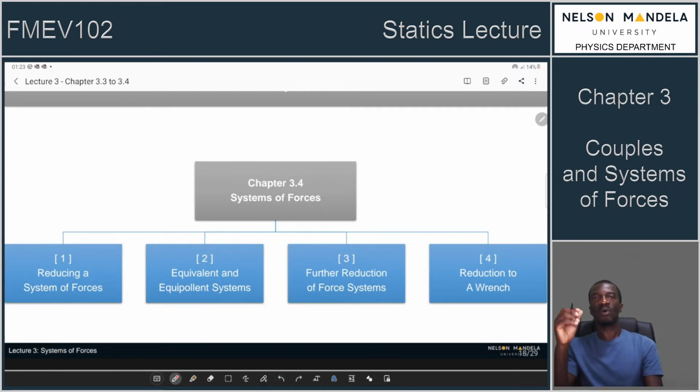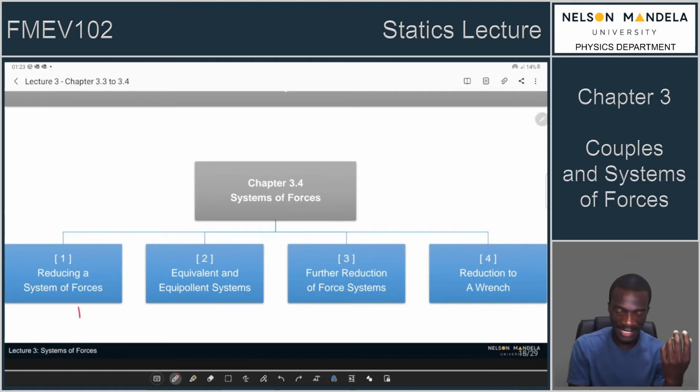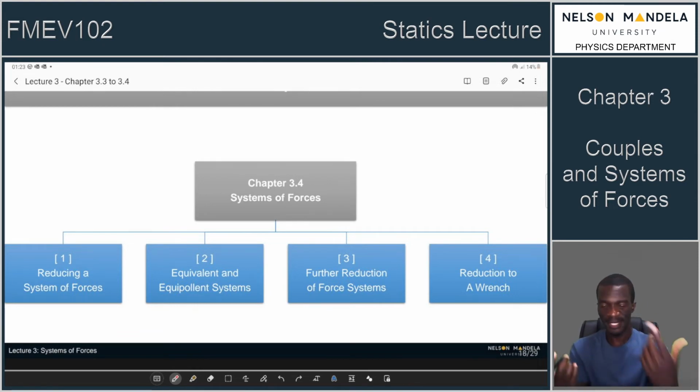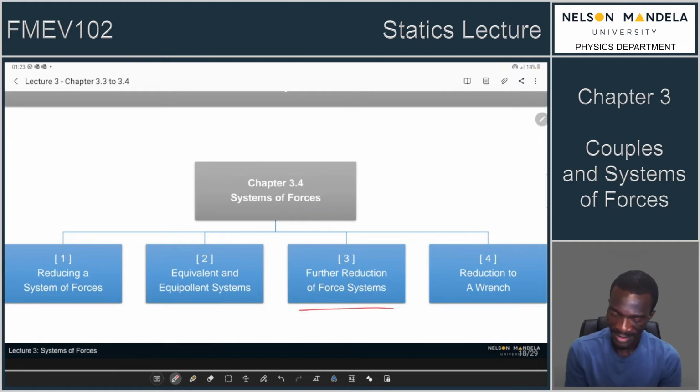So when we had the reduction process, how can we look at the system as a system made of just one resultant force? And how can we make that resultant force such that if there is a turning effect, the same resultant force will represent the total force and the turning effect? So that's the reduction there.